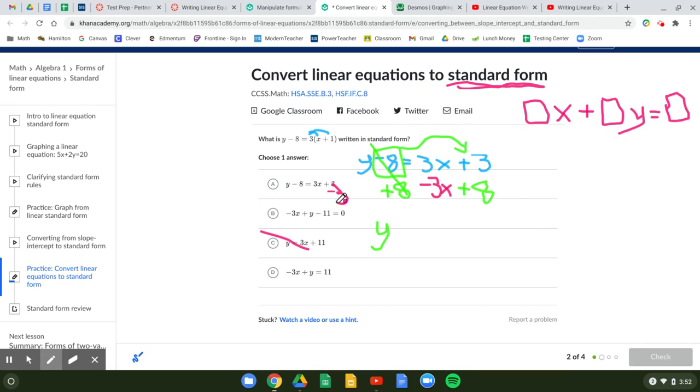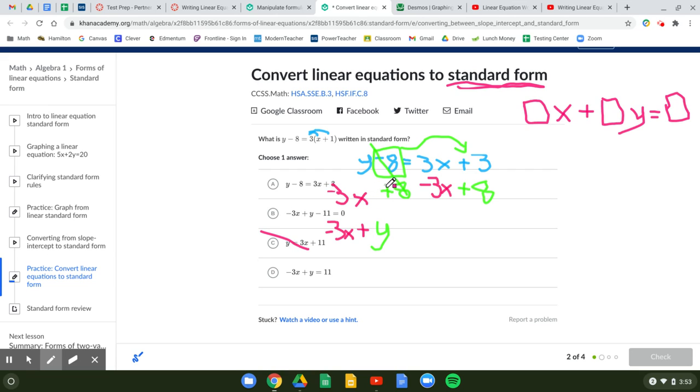Now, it doesn't matter if you put it in front of or behind the y, as long as you keep a negative 3 along with the x, and this is like a plus 1 or a positive 1 here. So if I'm going to put it in front of the y, I would actually have negative 3x plus y.